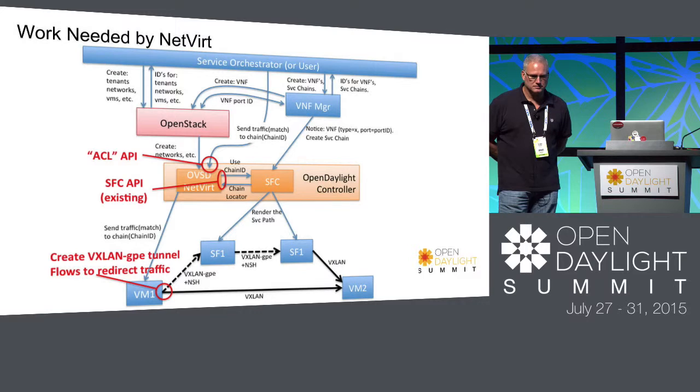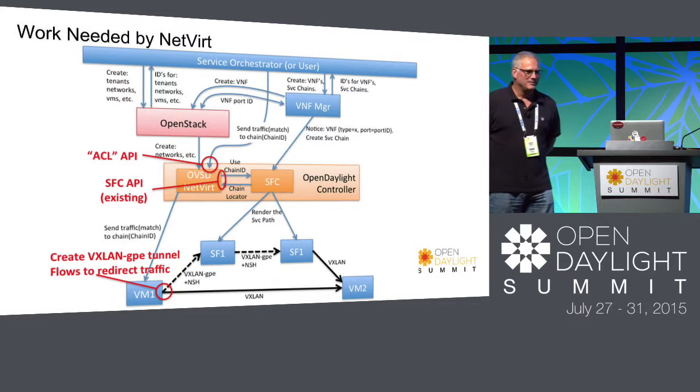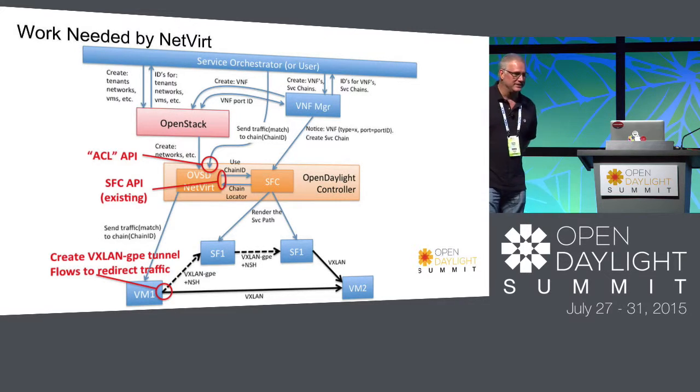So from DLUX, would I be able to figure out that this particular flow is following this SFC chain? I don't know. There is SFC DLUX, I'm just not sure. In our case, in NetVirt, we need to be able to show the classification and the service chain ID.